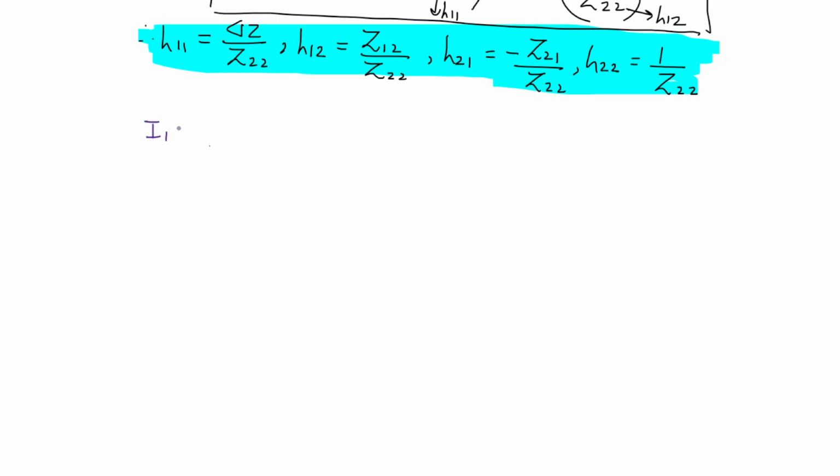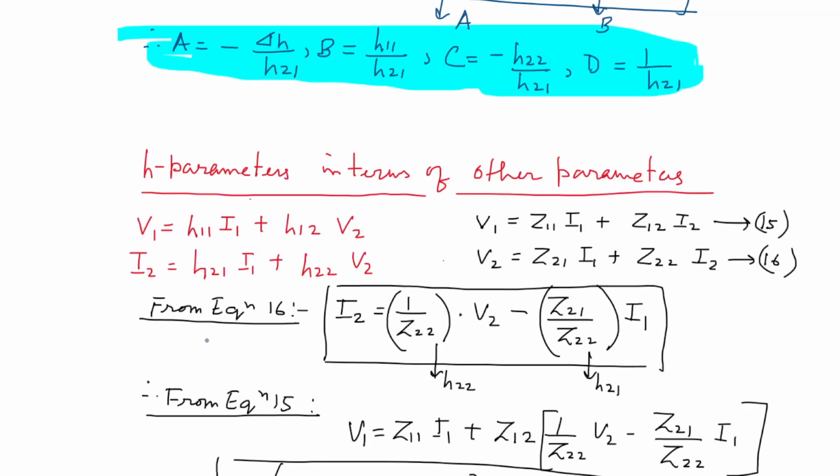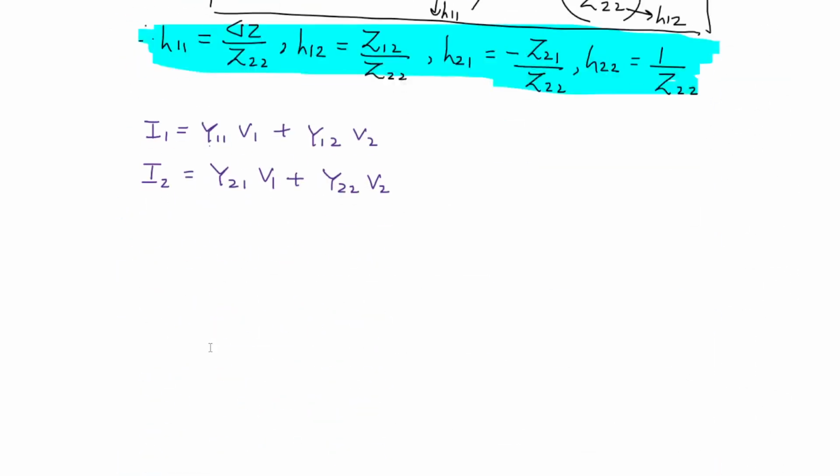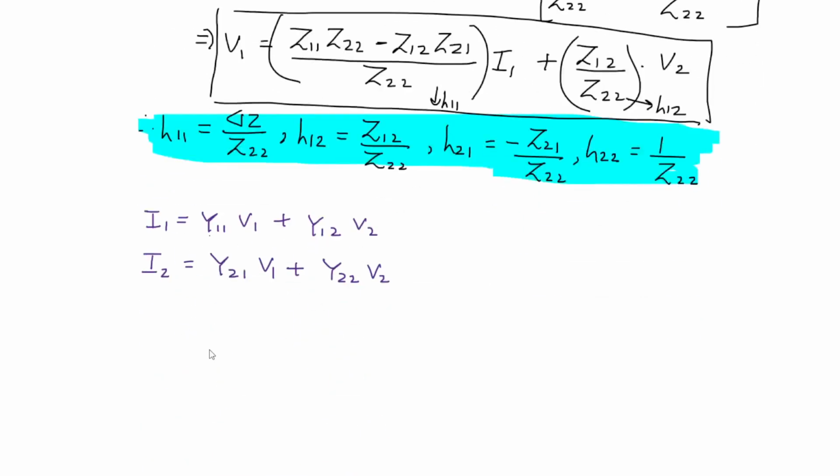It is I1 is equal to Y11 V1 plus Y12 V2, and then we have I2 is equal to Y21 V1 plus Y22 V2. So let me mark these equations as 17 and 18.